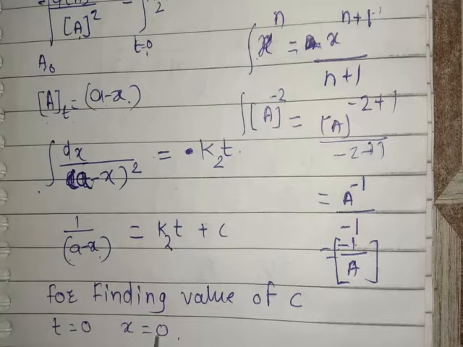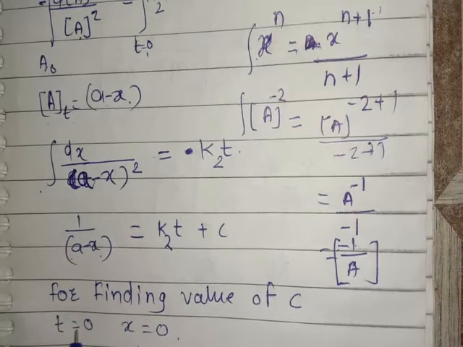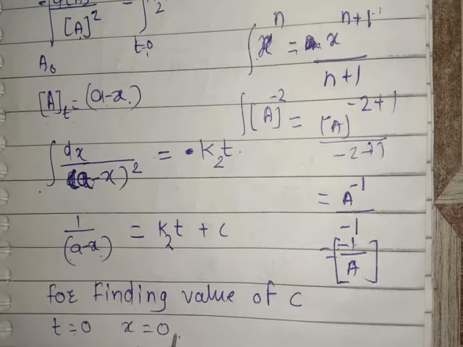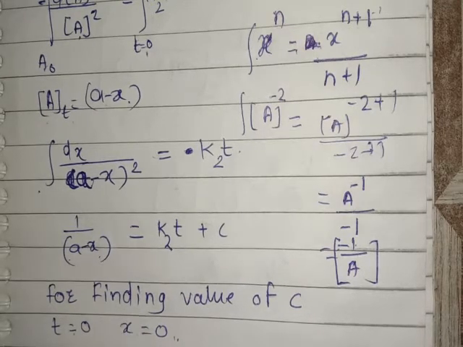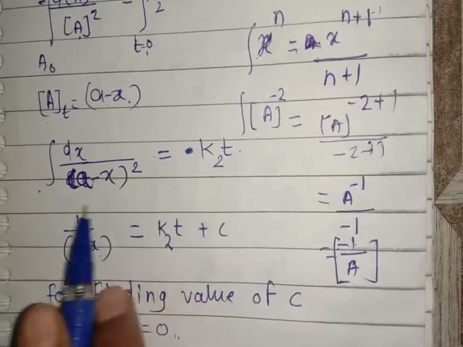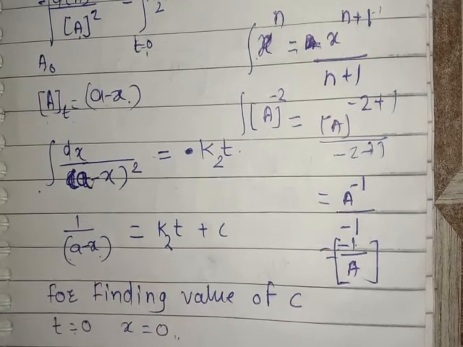That means at initial time t is 0, your product formation is 0. Therefore we can find the value of c from this equation: c is equal to 1 upon a.